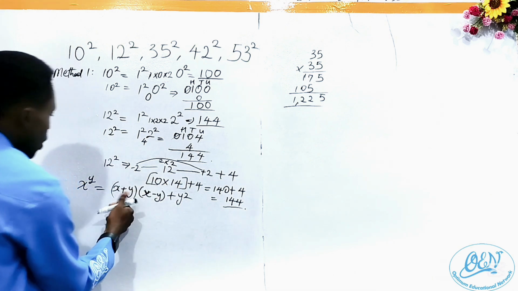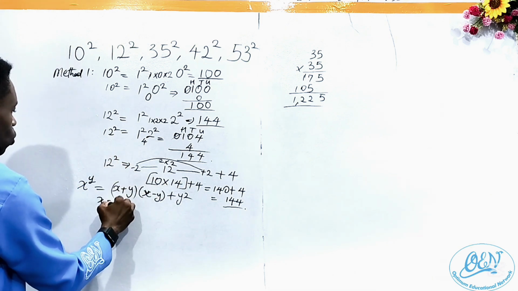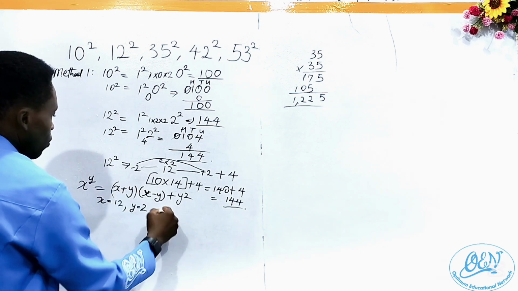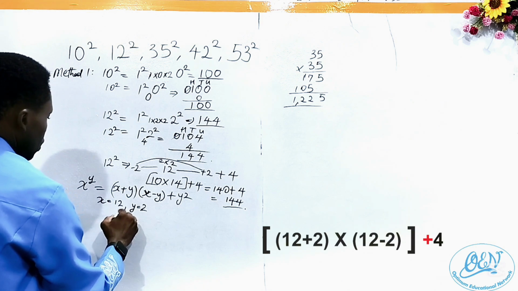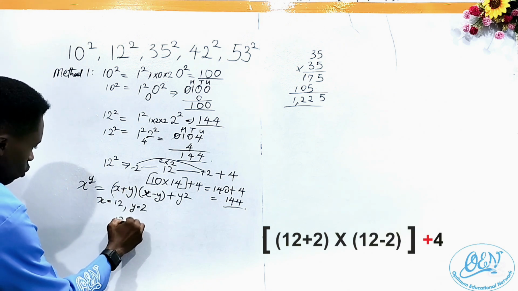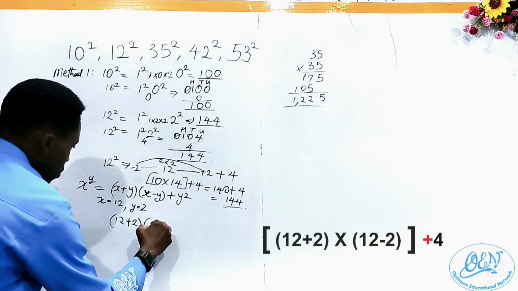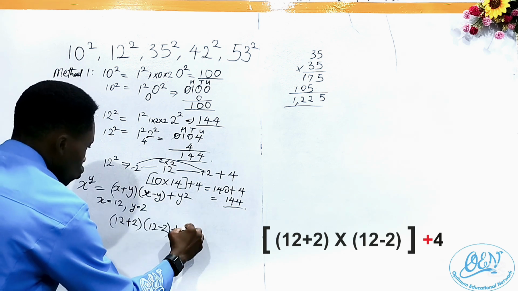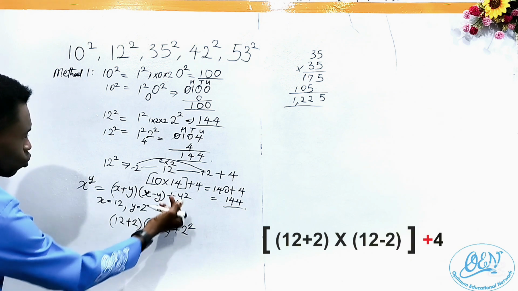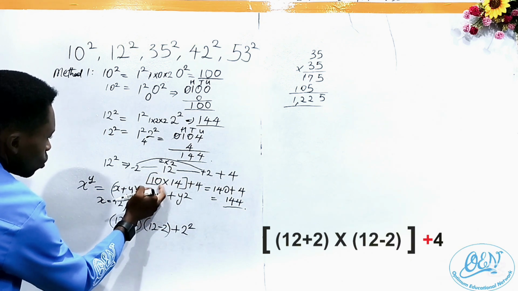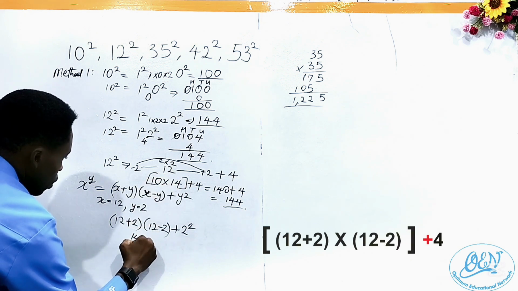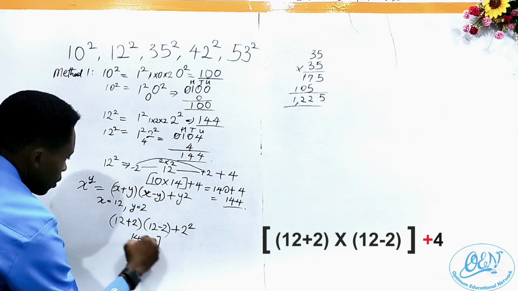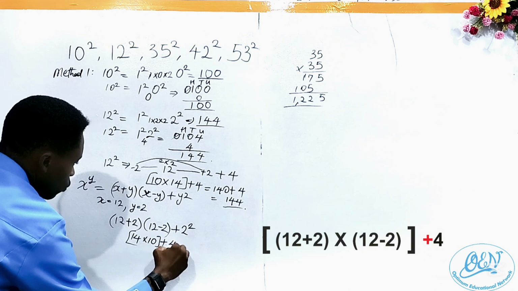So in this case now, x is equal to 12, y is equal to 2. So if you put it here now, you have 12 plus 2 multiplied by 12 minus 2 plus 2 squared. 12 plus 2 is 14. 12 minus 2 is 10, times 10, then plus 2 squared, which is 4.